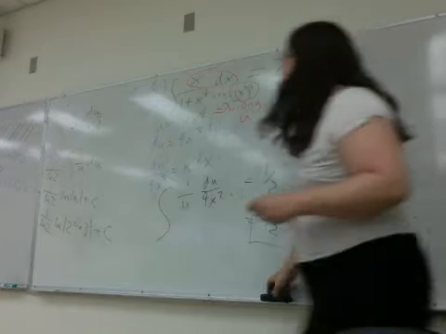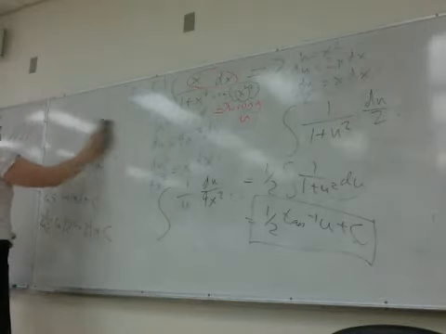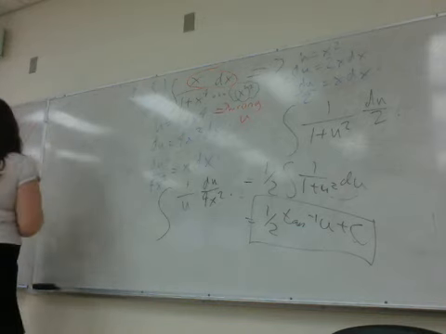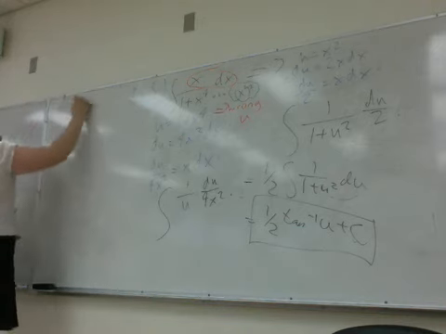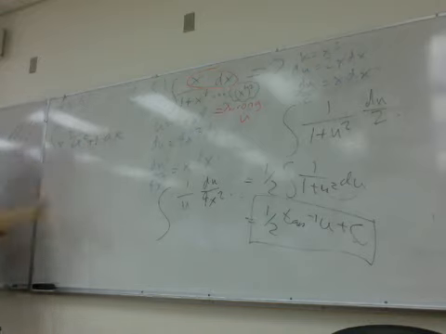So the last example I'm going to do is example 6 here. So here we have the integral of x cubed square root x squared plus 1 dx. So here we have a composition of 2 functions.